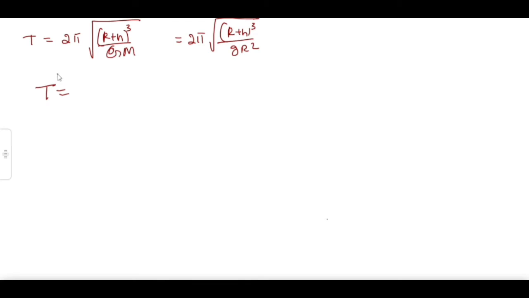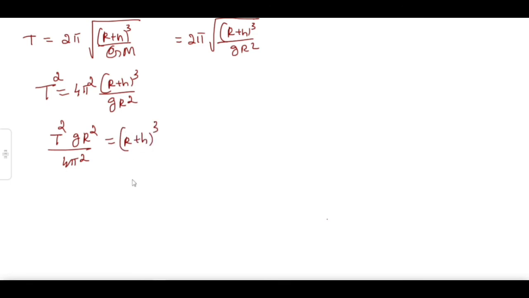So left side becomes T square, right side becomes 4 pi square (R plus h) the whole cube divided by gR square. We can avoid the square root there. Now you rearrange this equation. We can write T square gR square divided by 4 pi square is equal to (R plus h) the whole cube. So in order to remove the (R plus h) the whole cube, we can take the cube root.